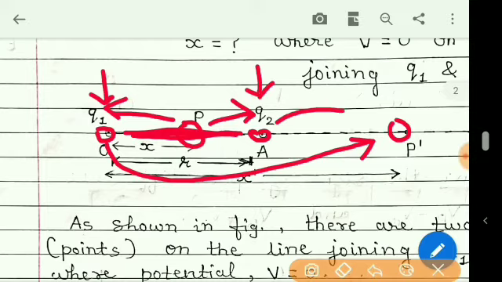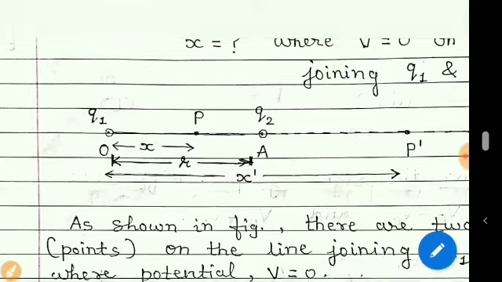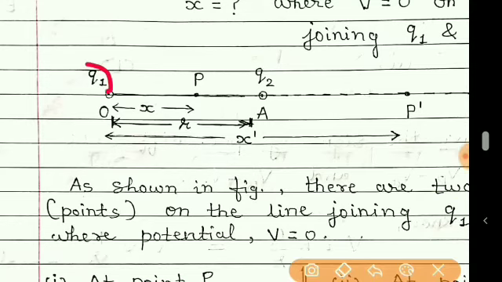For second charge, if it is positive, then the potential here will be positive. So there is no chance of potential to be 0 if both the charges are positive, or if both the charges are negative, then also potential cannot be 0 anywhere.